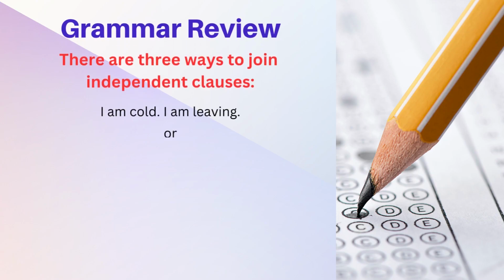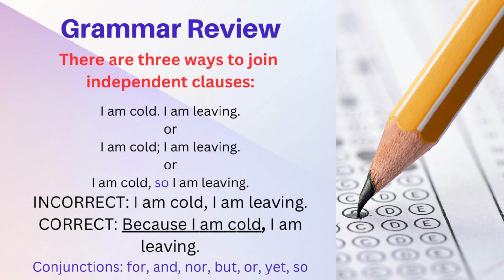Now, for the ACT, you'll need to know how to use the semicolon correctly. Look at these two independent clauses. I am cold. I am leaving. They each contain a subject, a verb, and complete a thought. I can leave them as two separate sentences, or I could combine them into one sentence. And while doing this, you can do this in a couple different ways. One option is to simply use a semicolon. Always think of the semicolon as strong enough to join two independent clauses.